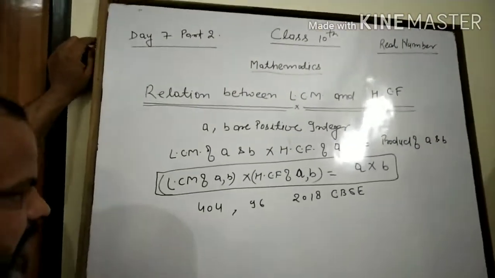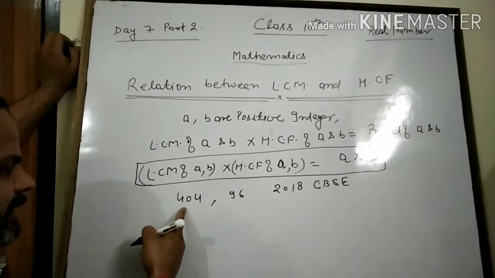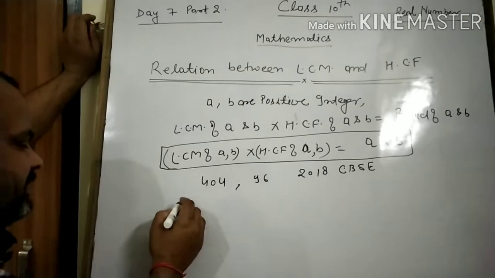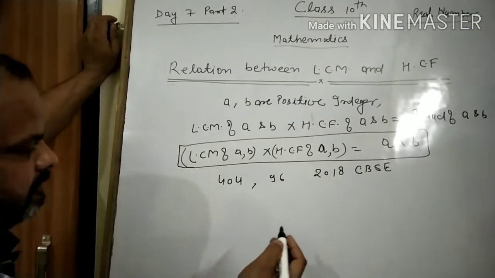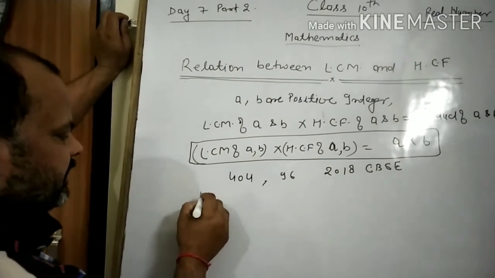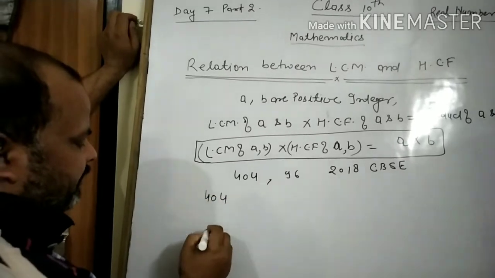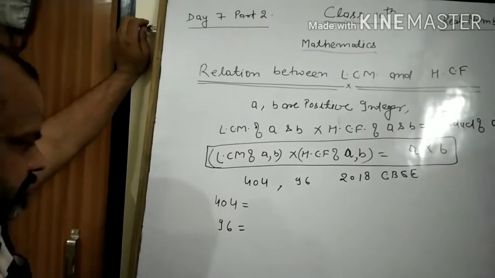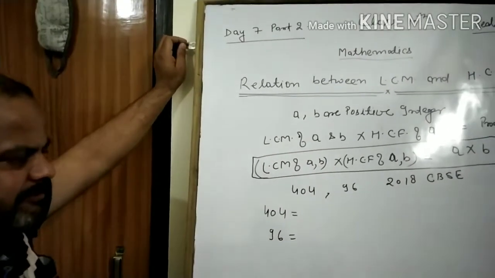Then see, first of all we can find the LCM of 404 and 96 with the help of the fundamental theorem of arithmetic. It means 404 and 96 are written in their prime factors.